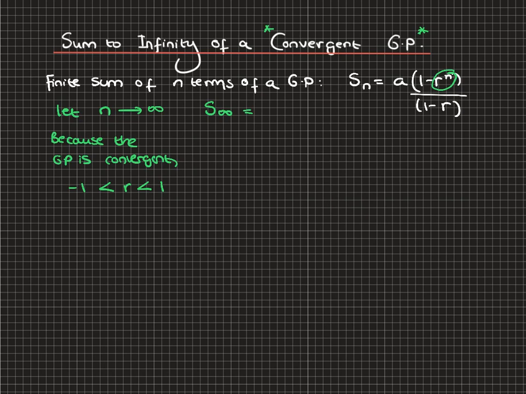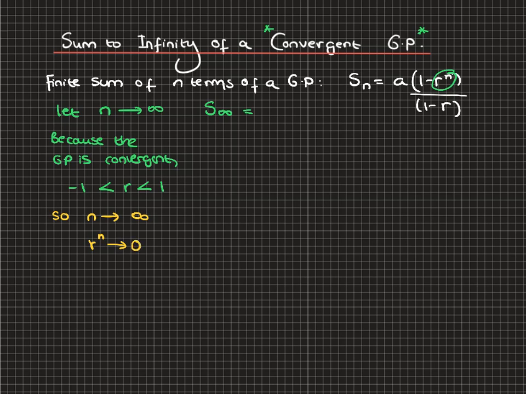So, as n approaches infinity, as n gets larger and larger, what's going to happen to r to the power of n? Test it out on your calculator if you want to. Take a number like 0.3 and raise it to the power of 1,000,000. What do you get? Your calculator is either going to show you 0 or a very small value that is very close to 0. So r to the n will approach 0.